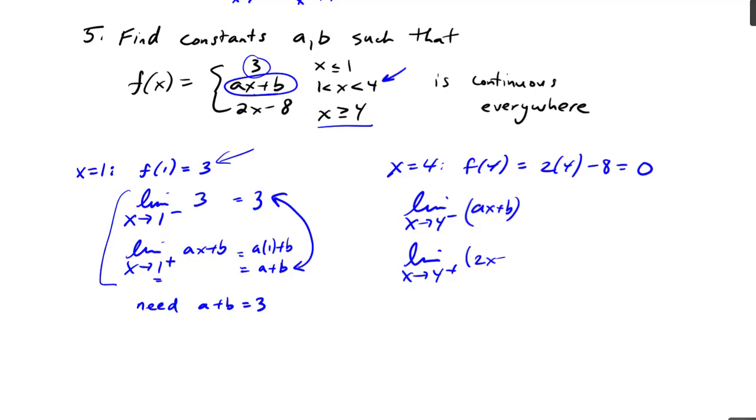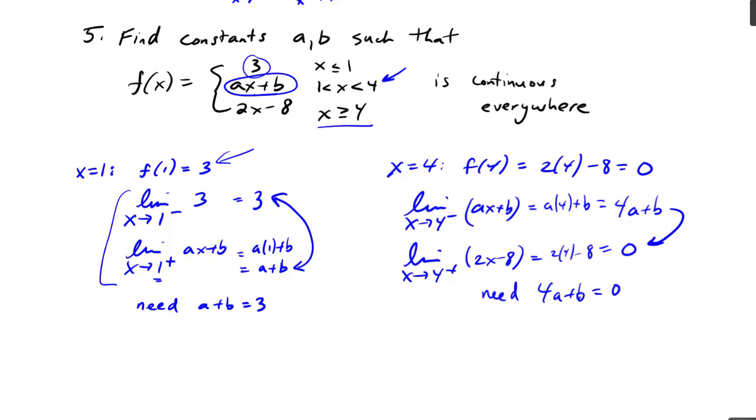On the right, it would be 2x minus 8. Putting 4 in here, I get a times 4 plus b, so I get 4a plus b. Putting 4 in here, I get 2 times 4 minus 8, I get 0. So here I need 4a plus b equal to 0 to make these equal, giving me a limit of 0, then matching my function value as well.